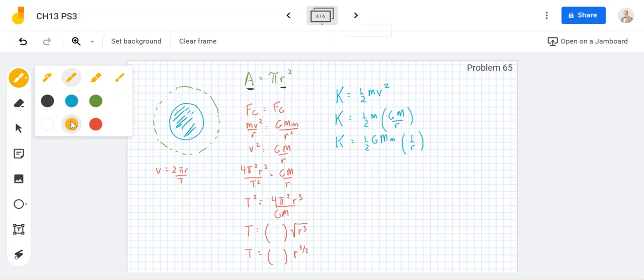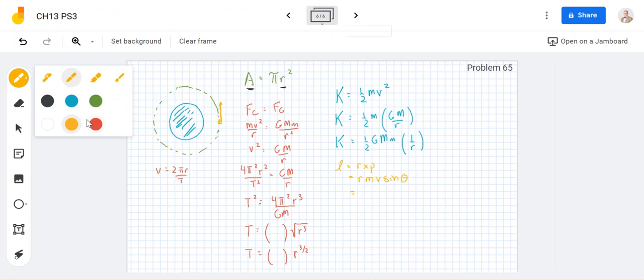And what about the last one? Oh, there's 2 more. Angular momentum. Well, if you look at any moment, we could say the satellite is a point particle. So the angular momentum is equal to r cross p, which is r m v sine theta.